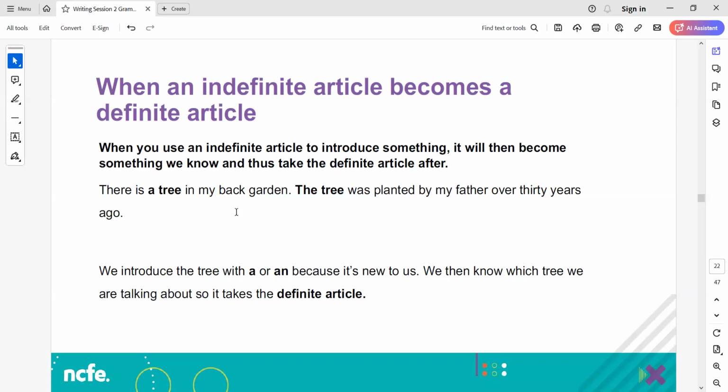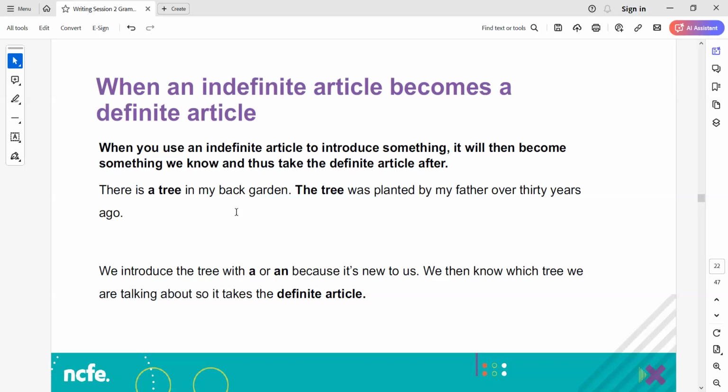So if you're writing about a tree, there is a tree in my back garden, you're starting off talking about it and you've introduced a tree. Because it's the first time you've mentioned it, just so people can imagine a tree. You've not given any details yet. You're just talking about a tree in your back garden.